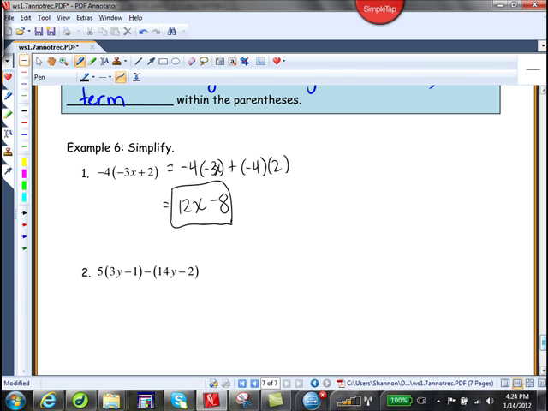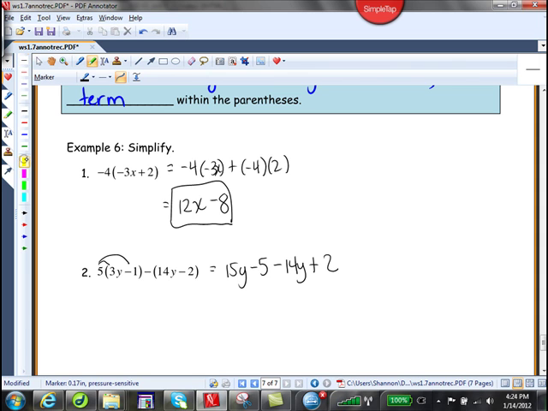Okay, so this one we will have, when I distribute the 5 through, I'm going to have 15y's minus 5 times 1 is 5. Now this is that last rule up there. I've got this minus in front of the parentheses. So this will end up being minus 14y, and minus a minus is plus 2.